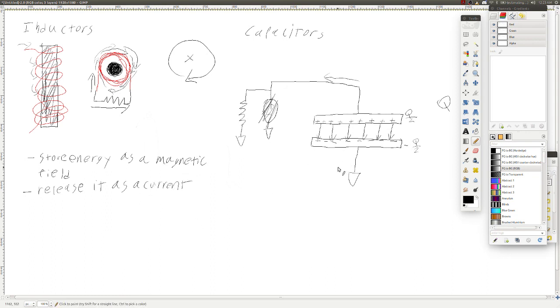And you have capacitors which store energy as an electric field and release it as a voltage.